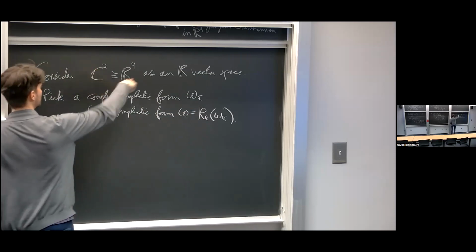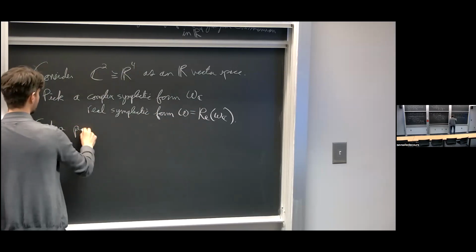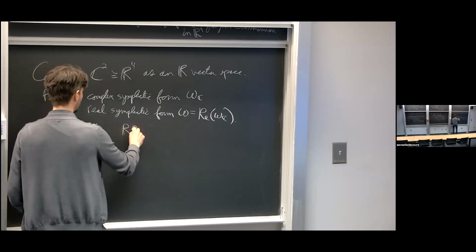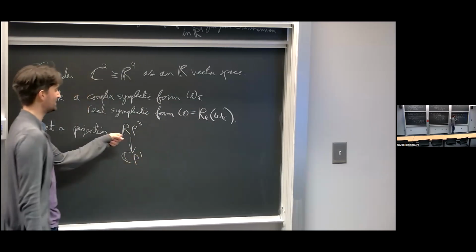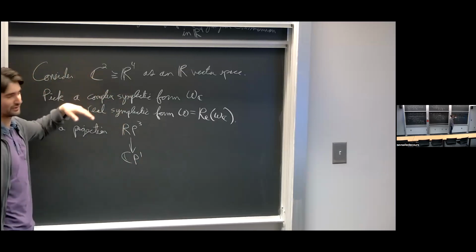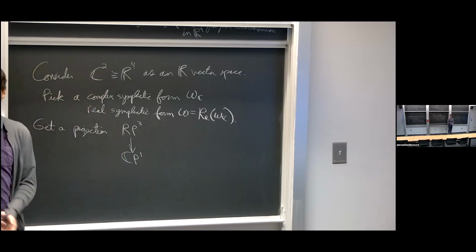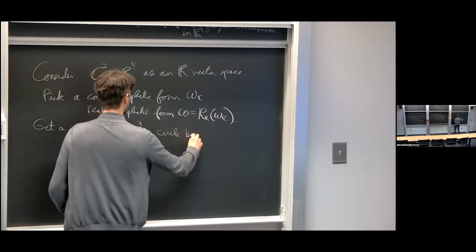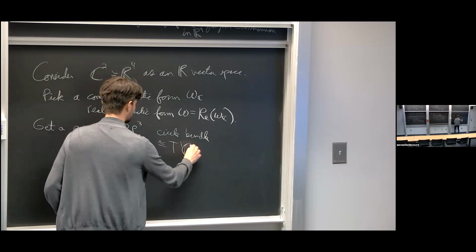Okay, so from this identification, you have a projection from RP3 down to CP1. This is just taking elements of C2 up to real multiple, removing the origin, and this is taking elements up to complex multiple. So it's a circle bundle, and in fact, it's isomorphic to the unit tangent bundle of CP1.